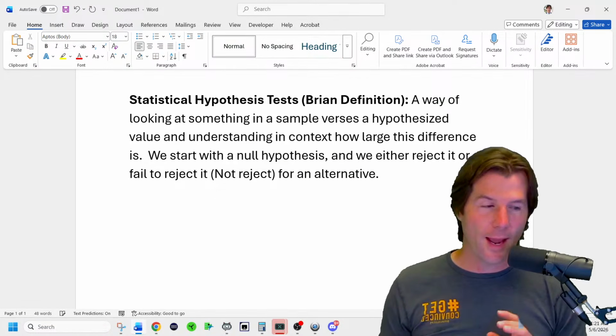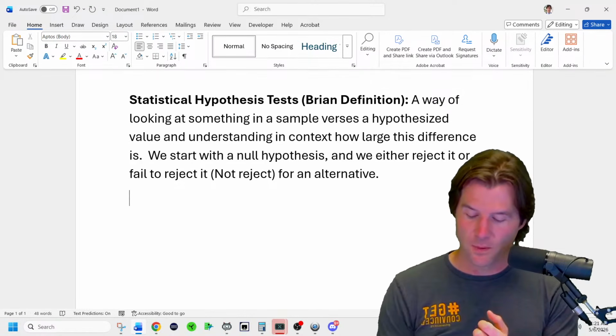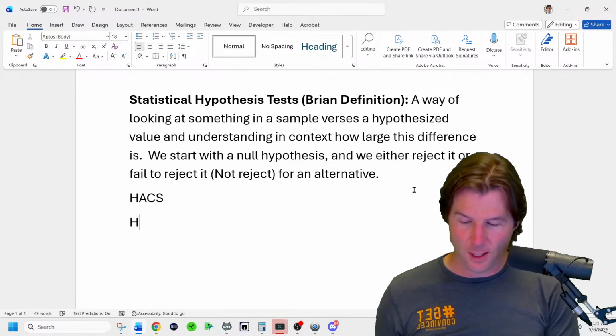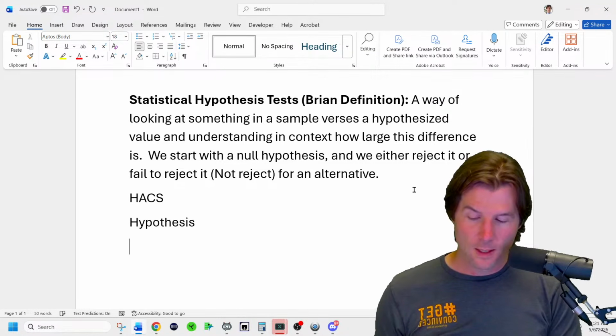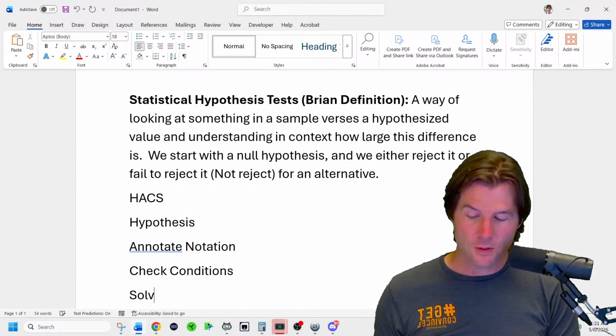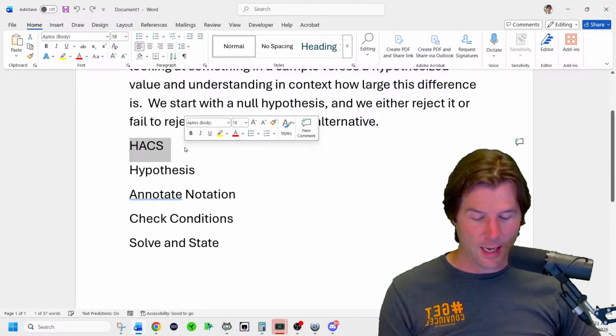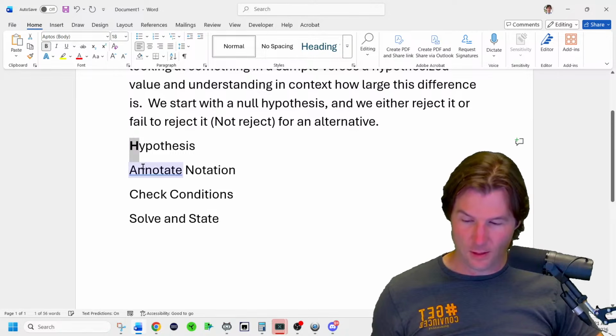I do what is called the HACS method for doing statistical tests. HACS stands for hypothesis, annotate notation, check conditions, and solve and state the conclusion. So that's the HACS method that I do.